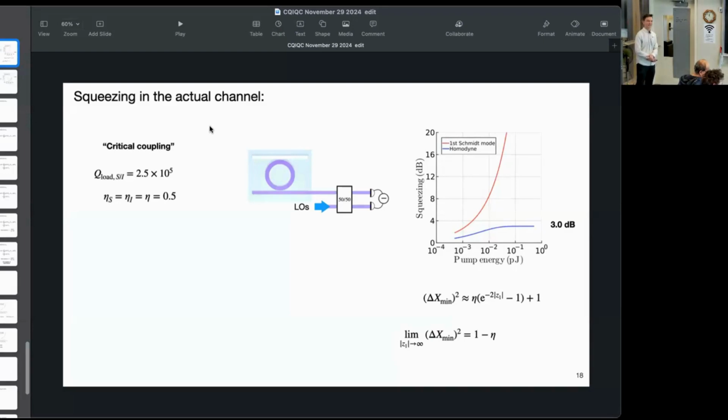Okay. Questions? Yeah, thank you for the talk. I was wondering, what are the perspectives of experimentally implementing this system? Currently, I'm not sure.